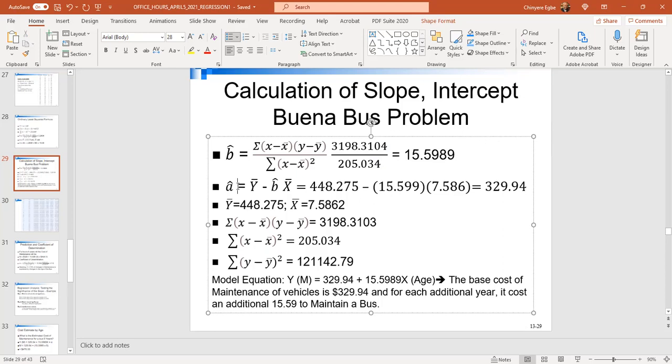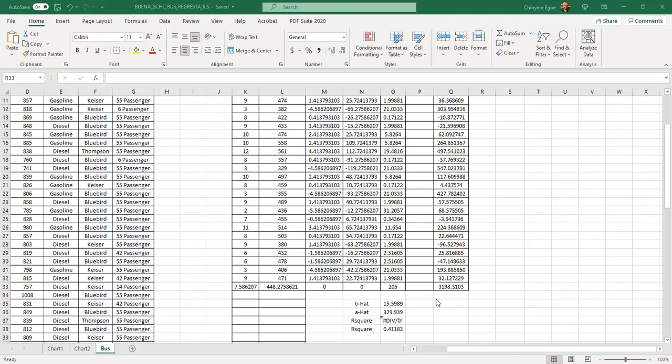And we calculate a hat, which is y bar minus b hat times x bar, and we have 329.94. Yes, so that's the same problem. You see the 3,198 is here, and the 205 is there. See that?